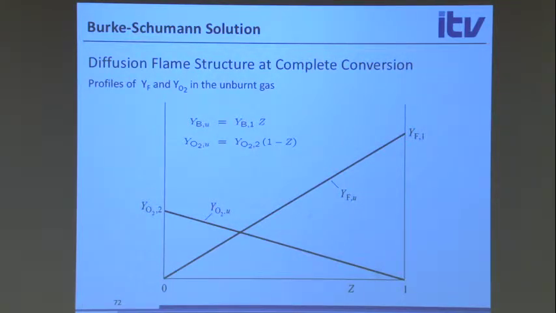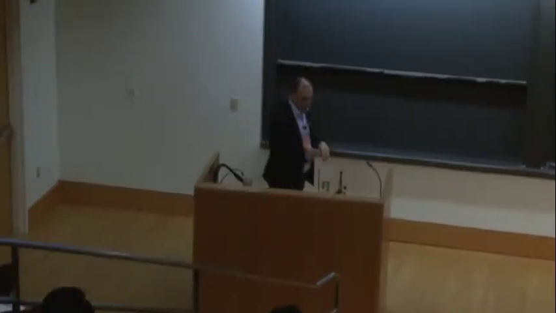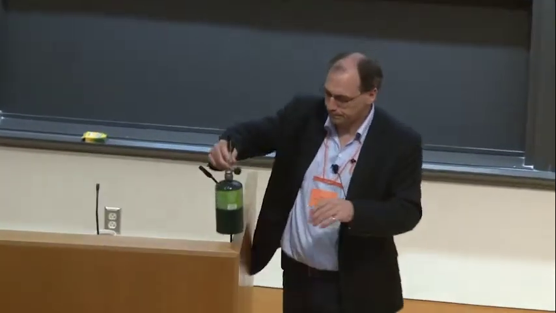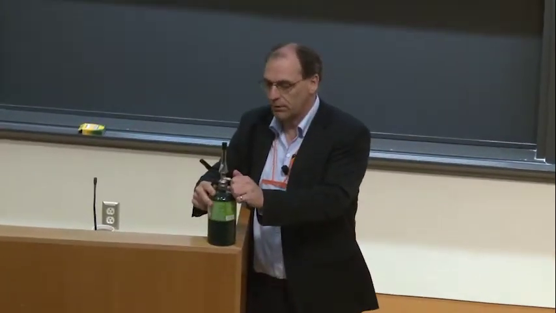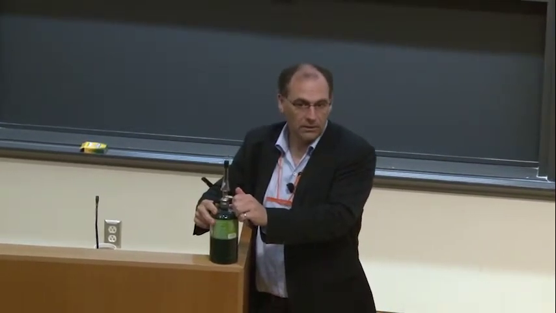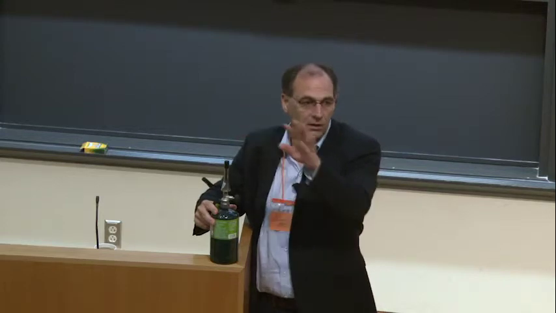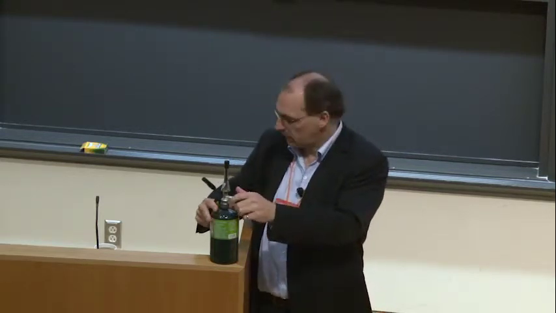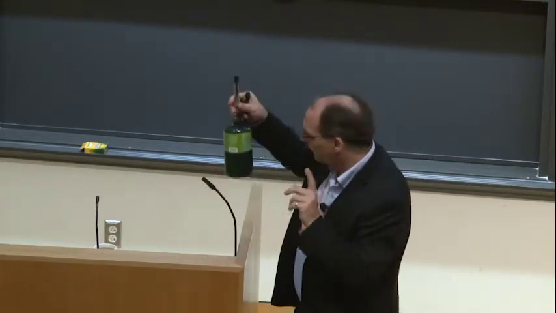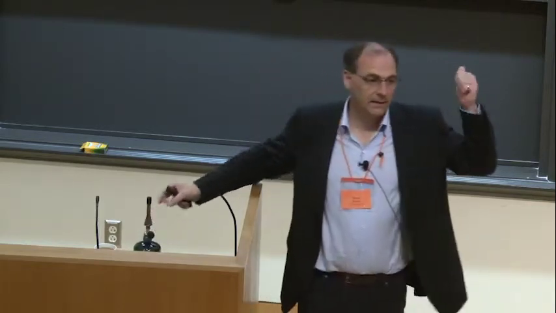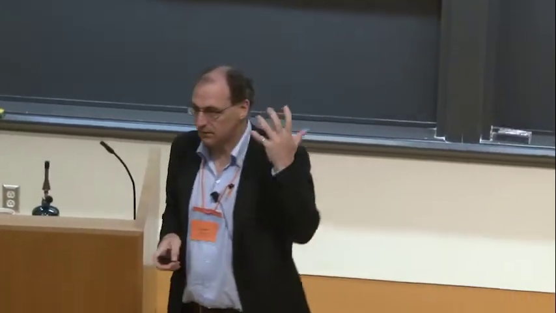It gives me the composition locally in this mixing environment as a function of mixture fraction. If I just turn this on, now it's not burning, but locally I have a concentration of fuel and of air and so on. And if I would know the mixture fraction, I can tell exactly what the composition is. Okay, so that's what this tells us already.